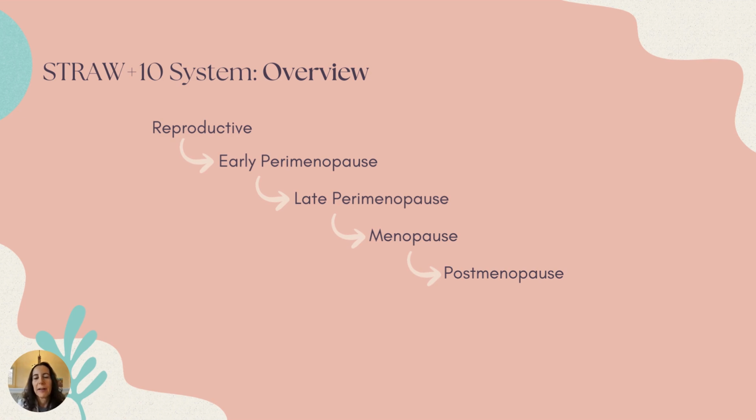The STRAW system breaks down the late and early perimenopause into more phases. But because each person is individual, like we've talked about, and you don't fit into a cookie cutter, I don't find that this system is useful for me in clinical practice. Someone else might find it useful.